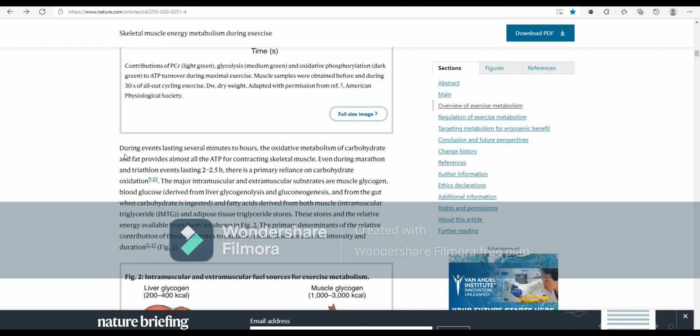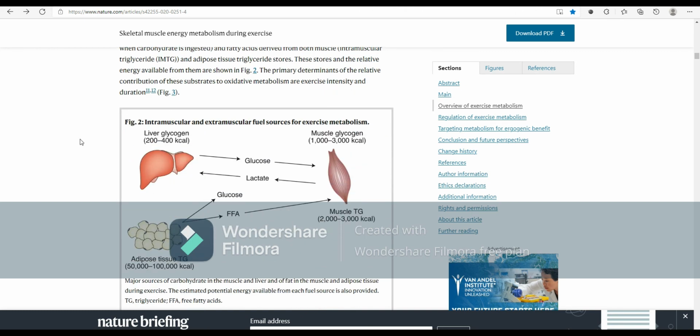Even during a marathon event lasting 2 to 2.5 hours, there is a primary reliance on carbohydrate oxidation, and the major intramuscular and extramuscular substrates are muscle glycogen, blood glucose derived from liver glycogenolysis and gluconeogenesis, and from the gut when carbohydrate is ingested, and fatty acids derived from both muscle and adipose tissue triglyceride stores.